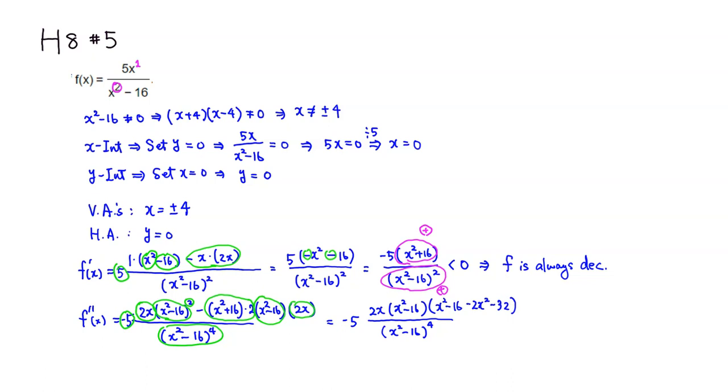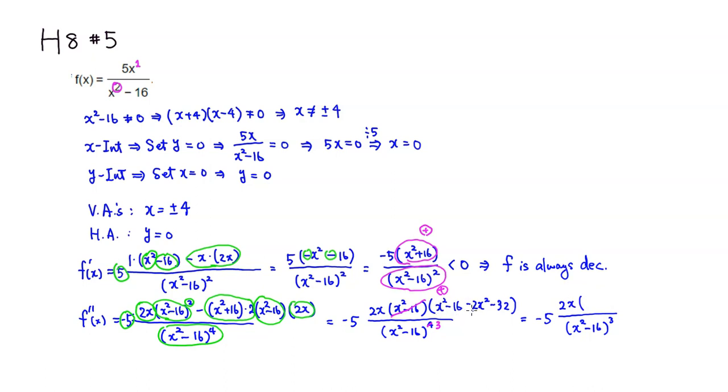Then we can cancel x squared minus 16 here. You have 4 of those, so you reduce that to 3. Then you can clean up this part of it. You have negative 5, and x squared minus 16 cubed, and then a 2x here.